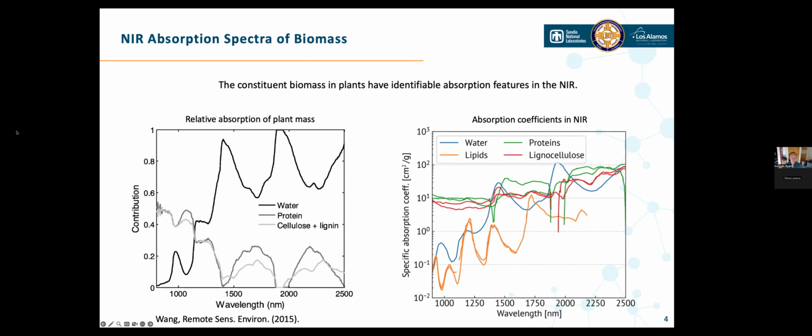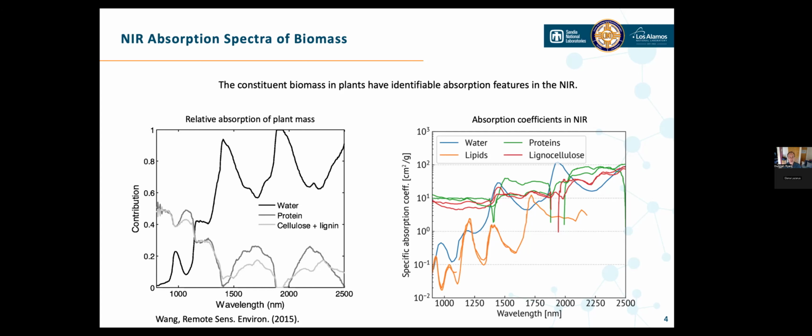Plants are of particular interest because there's a lot of spectroscopic targets to look at. If you look at the breakdown of the major mass components that exist in the plant, there's water, which is the dominant feature across most of the infrared spectral region. But there are a couple other components in there that have strong spectroscopic signatures. There's the protein mass, and then the lignocellulose mass.